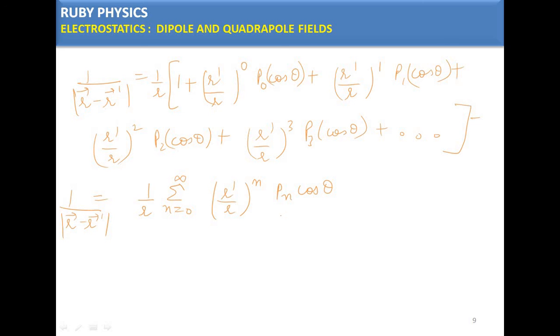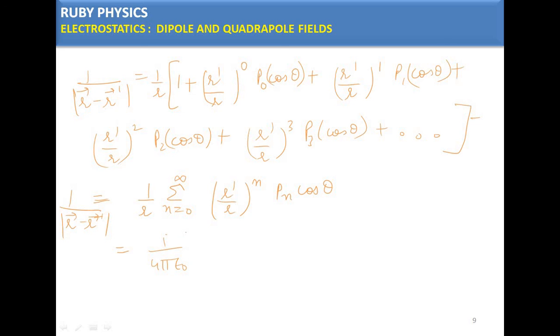Further, it can be written as 1 by 4 pi epsilon naught.